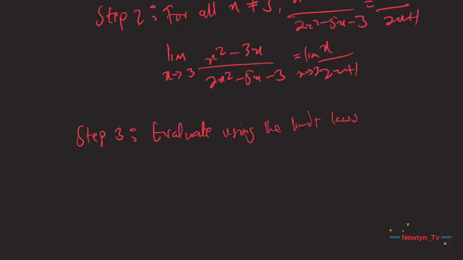When we do that and put the 3 inside, we should get 3 over 2 multiplying 3 plus 1, which will be 3 over 6 plus 1, which is 3 over 7. So this will be our answer.